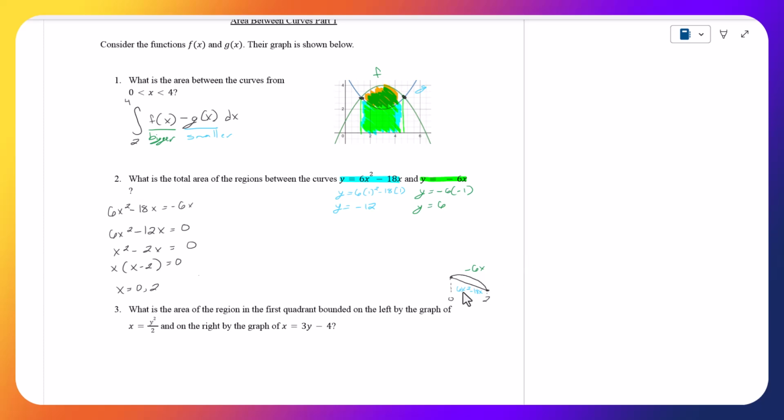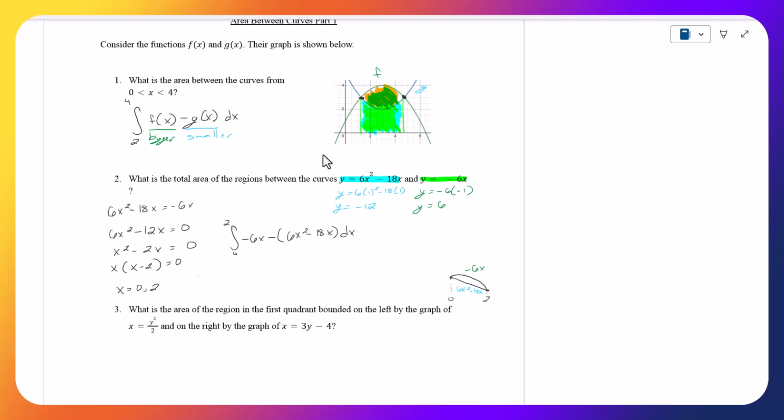So our bounds are from 0 to 2. So we have the integral from 0 to 2 of our bigger function minus our smaller function. Our bigger is this negative 6x. So we have negative 6x minus, and it's minusing all of our smaller function, 6x squared minus 18x. I'm going to put it in parentheses so I don't forget that I'm subtracting the whole thing. And of course, we don't forget our dx on the integral.